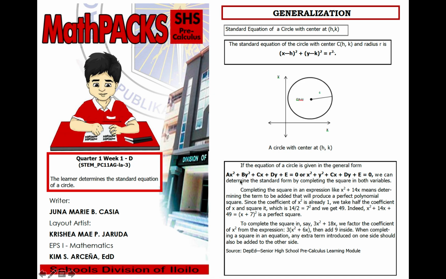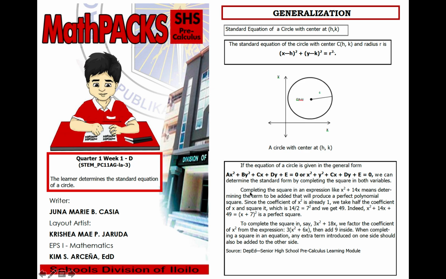A, B, C, and D are actually the numerical coefficients when you expand your values here. We can determine the standard form by completing the square in both variables. So if your standard form is given to be this and you expand, it will become the general form. The same manner will be done if you have a general form and you would want to change it to standard form. So there will be some processes involved.